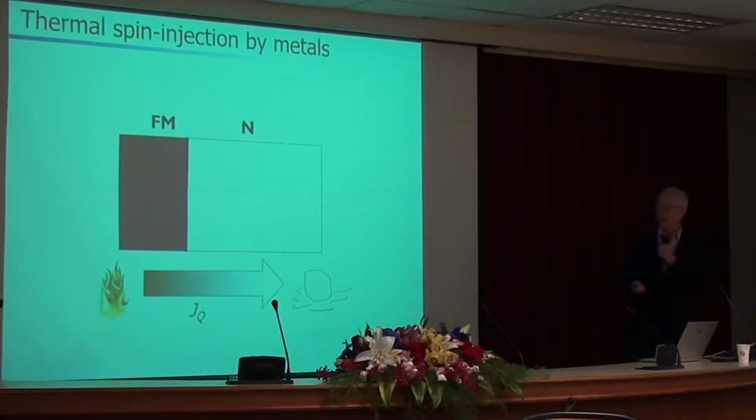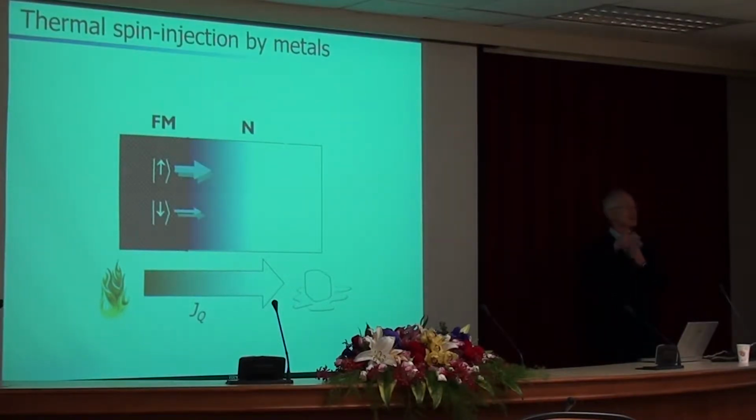That means that driving a heat current through the system, we of course generate this charge current, this normal Seebeck current, but it will be spin dependent. And the difference between the thermoelectric coefficients for up and down spin will generate the spin current and spin accumulation also in the normal metal. So basically the same thing happens as in the charge-based spin accumulation injection. So we can call this a thermal spin injection.